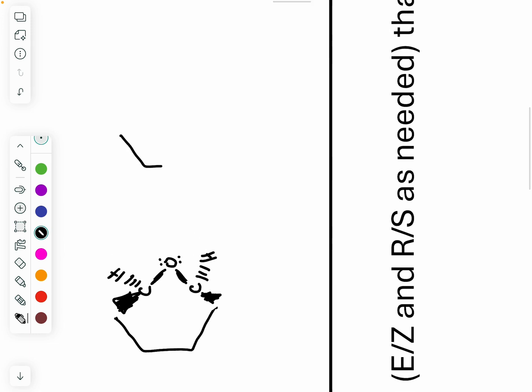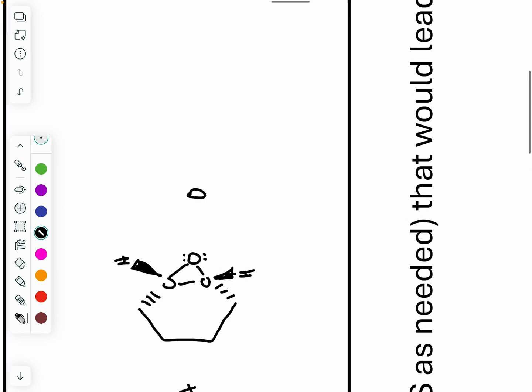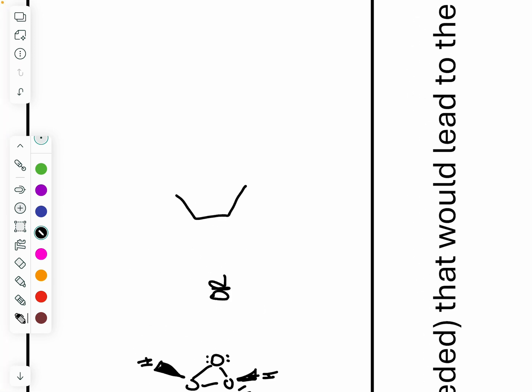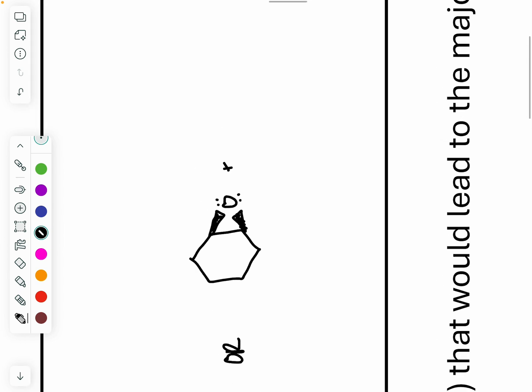Or we could do it like this, like that, or we could also do it like this, and we could simply make the oxygen have the stereochemistry.